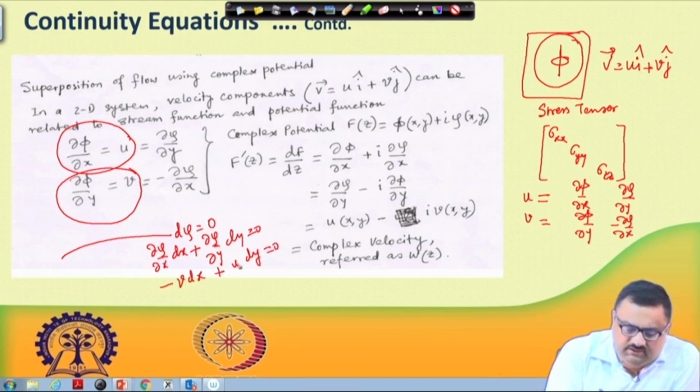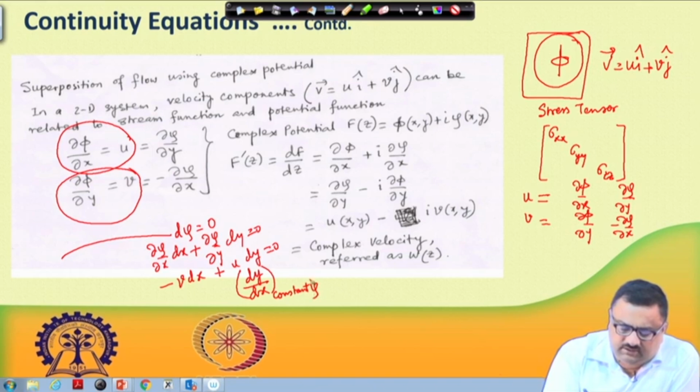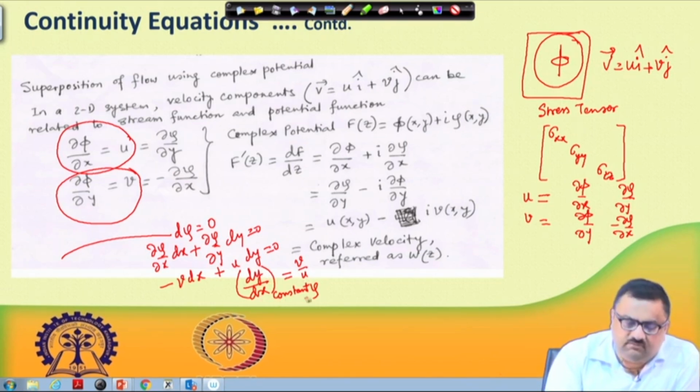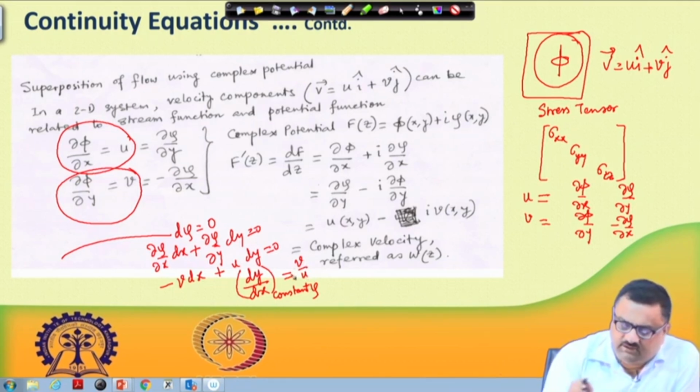So, what that means is dy dx at constant psi is equal to v divided by u. Similarly, the slope of a streamline, which is dy dx at constant psi, because streamline means constant psi, is equal to v by u, the velocity component in y direction divided by the velocity component in x direction. So, at any point the slope of the line is v by u.